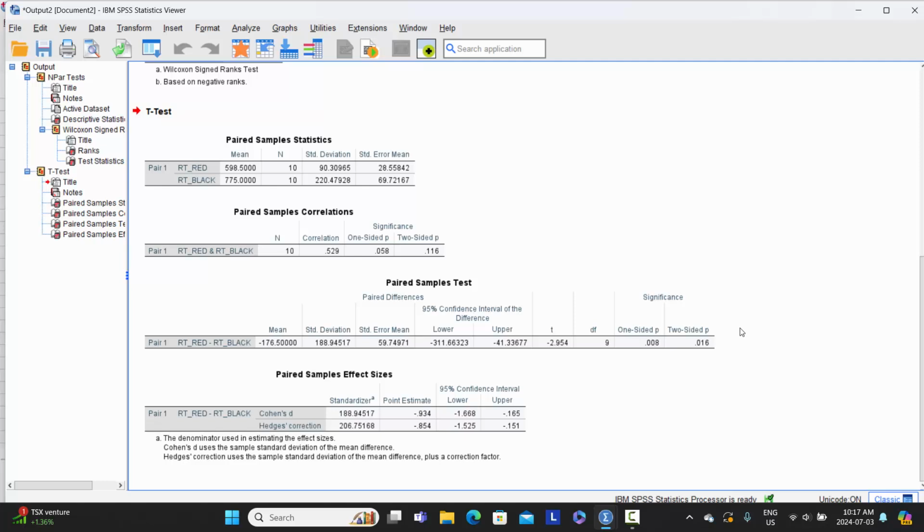So what we see here is that even when we take a parametric approach, we can conclude that there is a statistically significant difference in reaction time when viewing two different colored symbols on a computer screen, where the black symbol generated a longer time to the reaction than a distinctive red signal. So this ends this video on using SPSS to carry out paired comparisons.